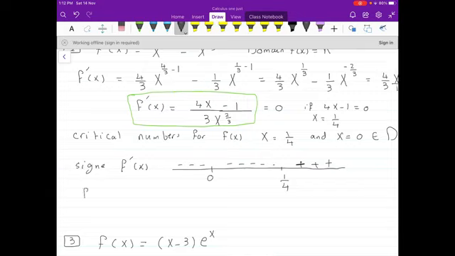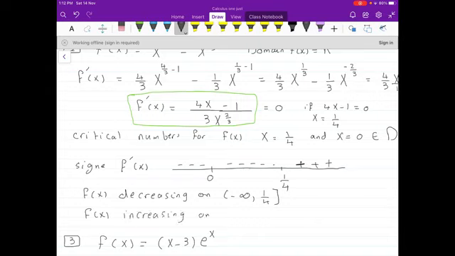Now, f is decreasing on the interval minus infinity to 1/4, and f is increasing on the interval 1/4 to infinity. Notice this function is decreasing, then increasing.